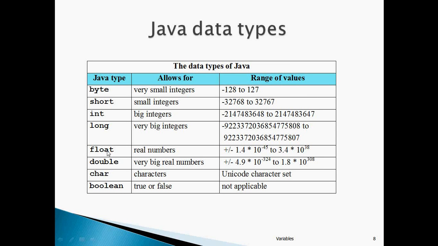So don't worry about float and don't worry about these two. Just use int and double. Use int if you want an integer, double if you want a decimal number, and you should be fine.